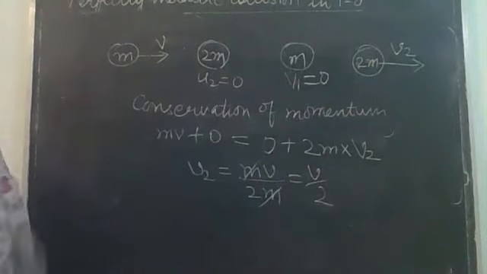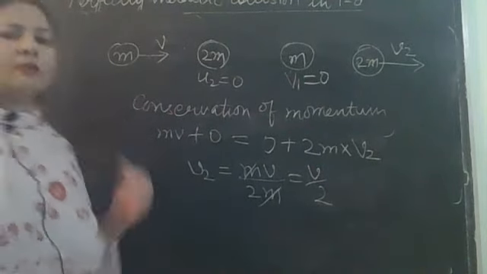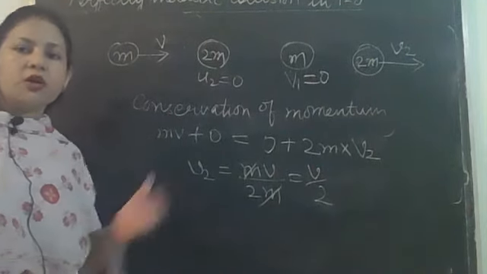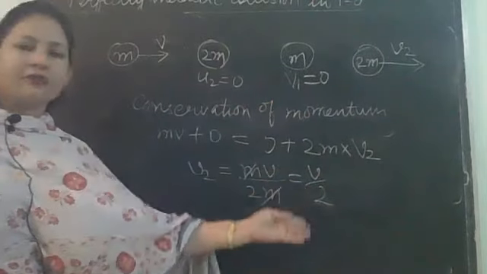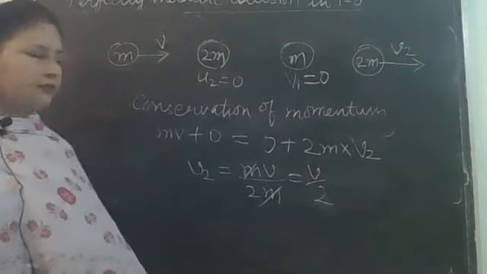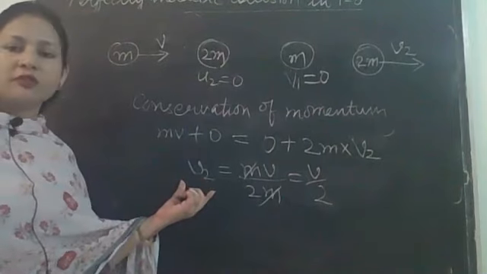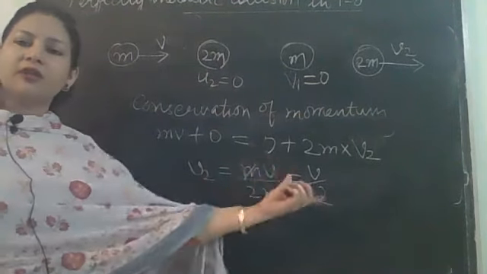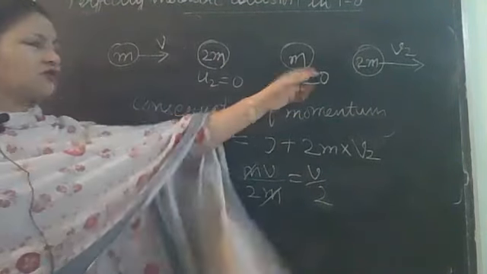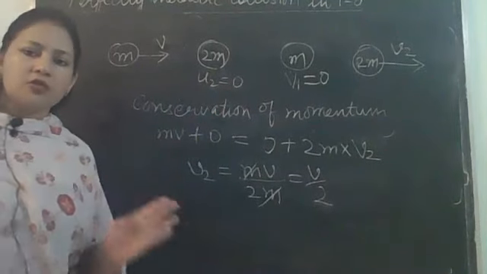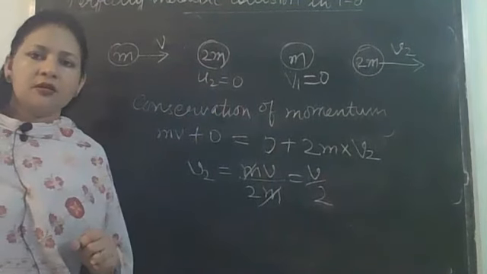So this is the velocity of second mass after the collision. Because of double mass, it will move with half the velocity. That is clear. First mass comes to rest after the collision. So the situation is clear to us. All right.